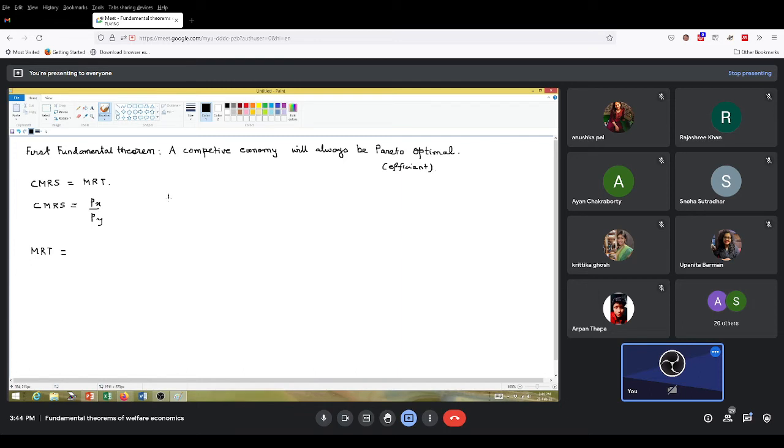Now let us look at the marginal cost of production in the X industry. What is marginal cost? It is dC by dQ. So let us assume that the allocation of capital between X and Y cannot be changed.